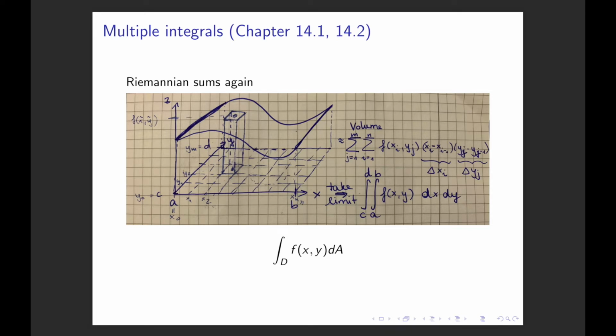If now we take the limit, so if our partition becomes very, very fine and we have infinitely many little area pieces, then in the limit we get the integral. That is the integral from a to b in x direction, and over that the integral from c to d in y direction. Again, you're replacing the sum by the integral as you go to the limit.